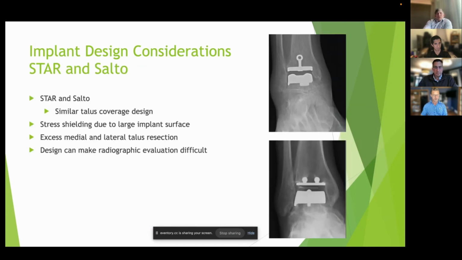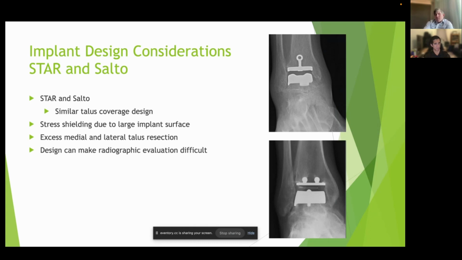Moving forward to the Star and the Salto, they are similar in some ways with regards to the medial or the lateral chamfer cut. Both have more of a cap design to a degree. This can lead to stress shielding just from the amount of stress being dispersed very broadly.